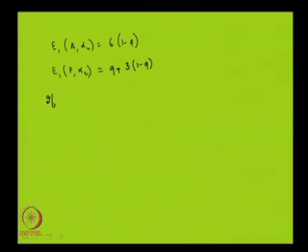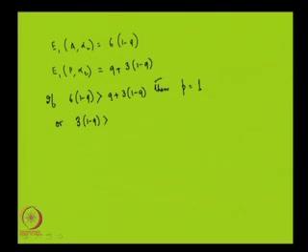So, if P is equal to 1, now we can derive this as 3 times (1 minus Q) is greater than Q, or 3 minus 3Q is greater than Q, or 3 is greater than 4Q, or Q is less than 3 by 4.